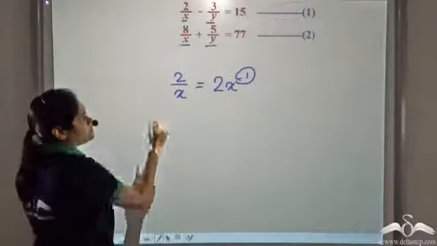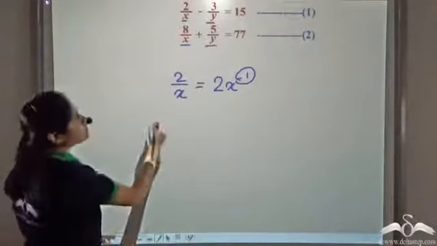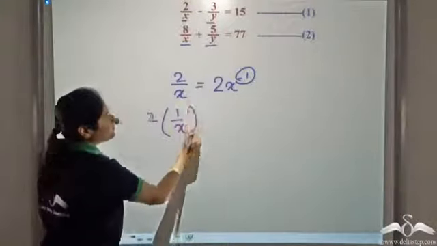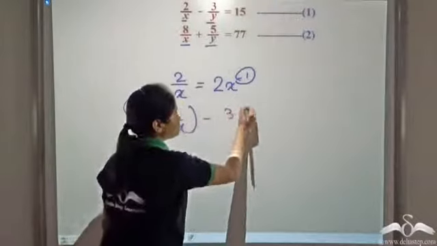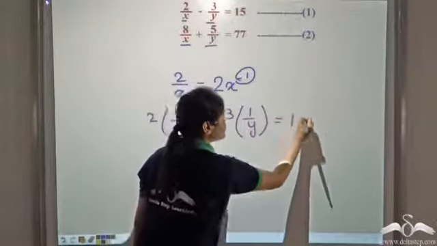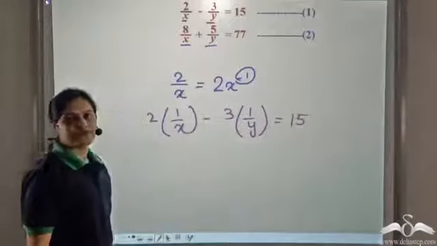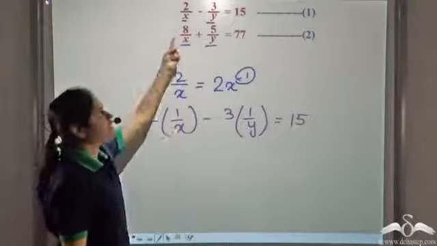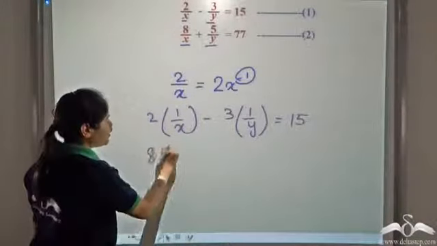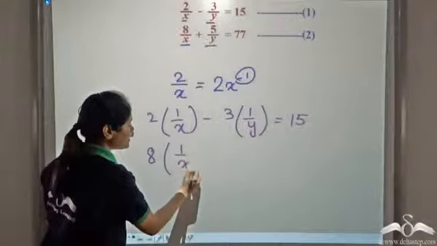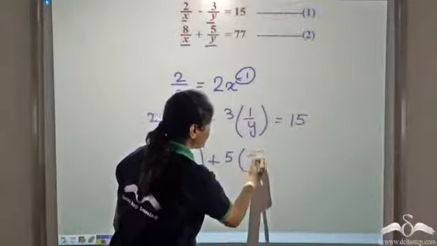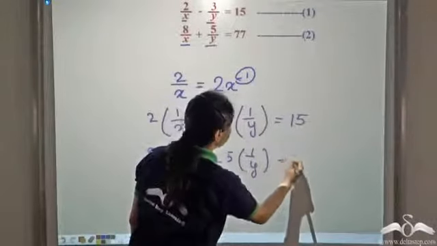So the first equation can be written as 2 into 1 by x minus 3 into 1 by y is equal to 15. This is just another way of writing the first equation. The second equation can be written as 8 into 1 by x plus 5 into 1 by y is equal to 77.